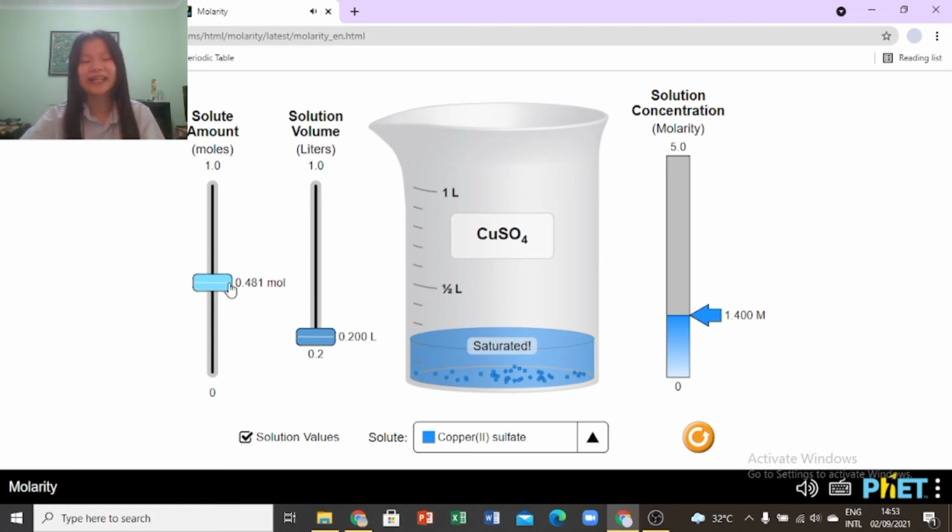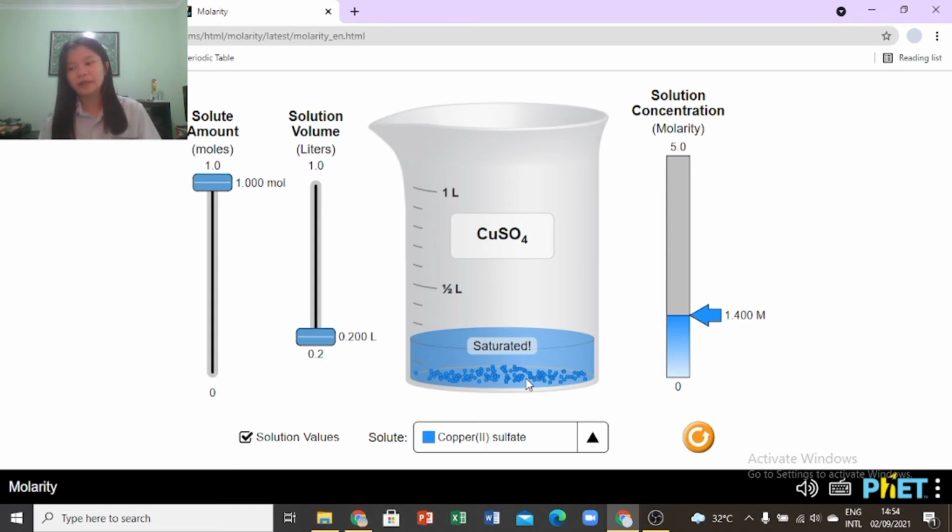When I increase the moles, we can see that the molarity doesn't increase again, or decrease. But what's changing is, look at the solution. There are crystals forming and increasing, until finally when the moles is at the highest maximum, the crystals become much more numerous. So how could this happen?